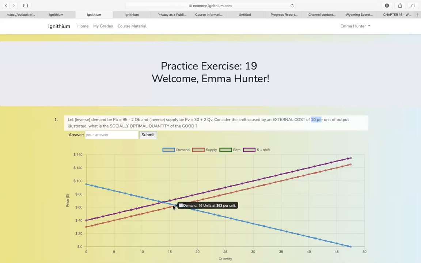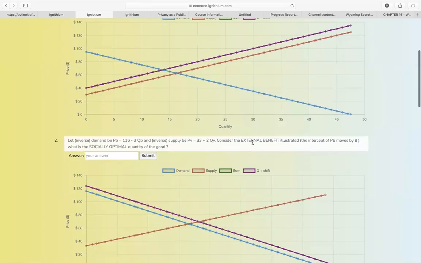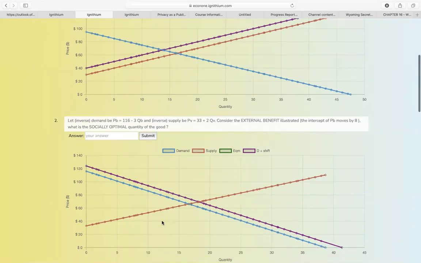And then comparing what kind of losses in terms of lost consumer and producer surplus will occur. So here's a case where we have an external benefit and it's 8 units. Notice that we're showing the external benefit on the demand side, not the supply side. So in this question, it's the same sort of thing.